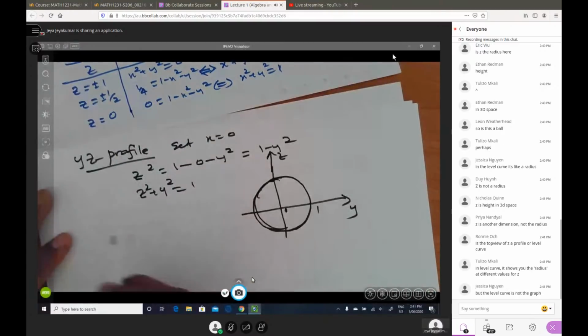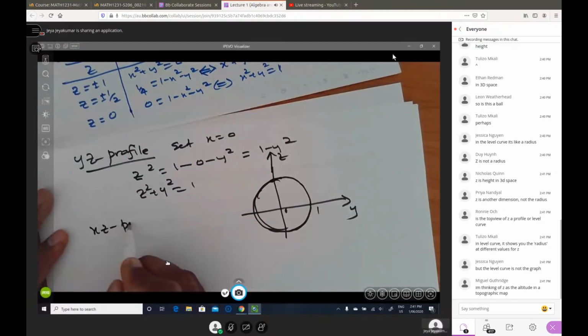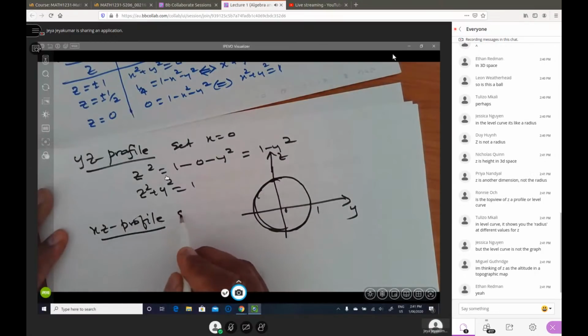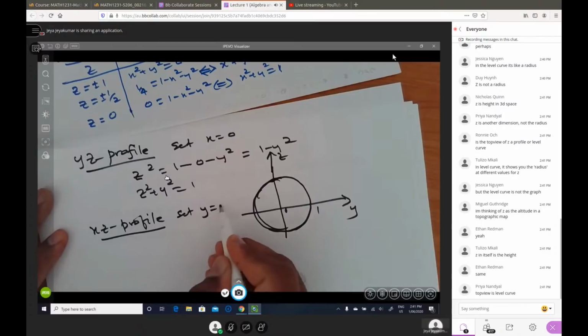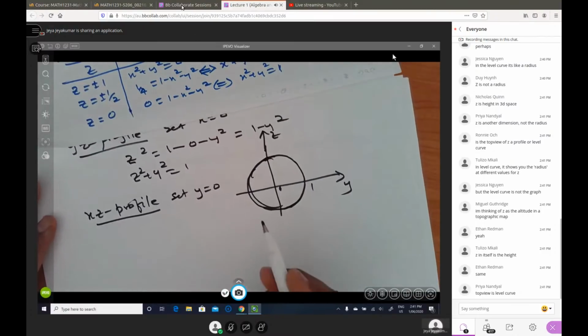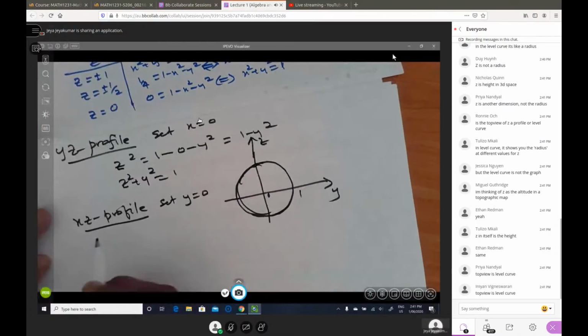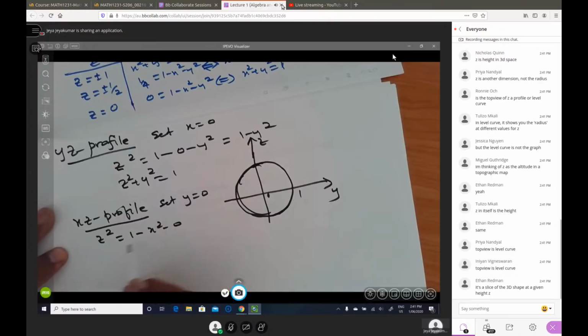Yes, and similarly, you can easily write the equation for the xz profile. Set y equals 0. Substitute y equals 0 there: 1 minus x squared minus 0. So z squared equals 1 minus x squared again.